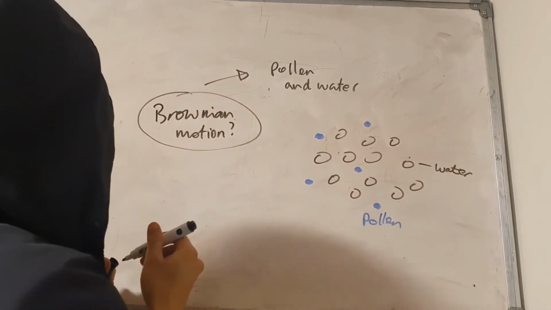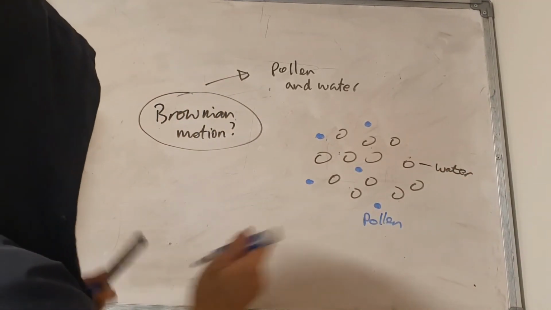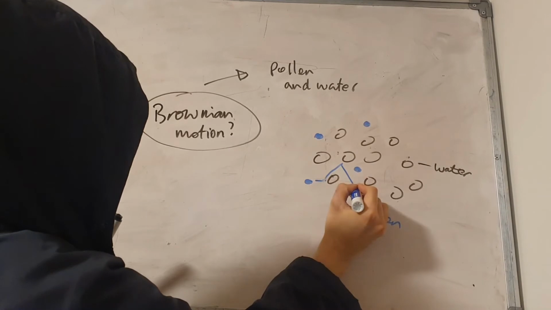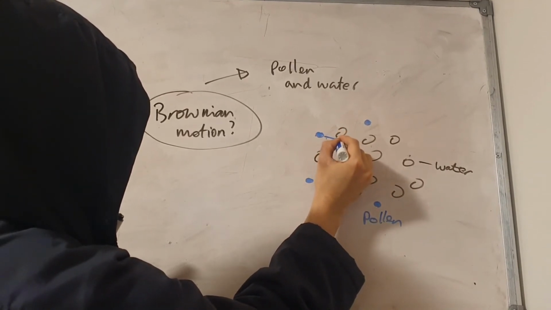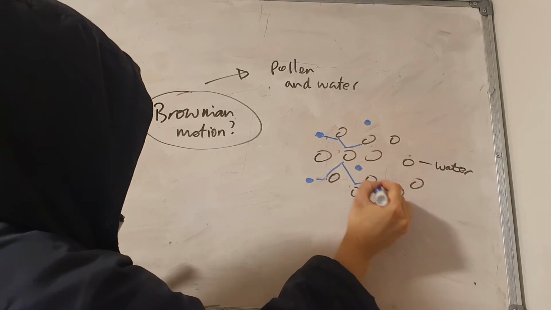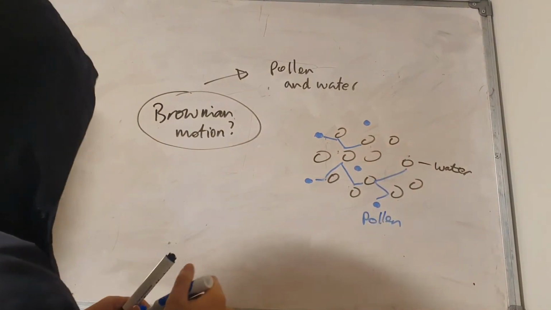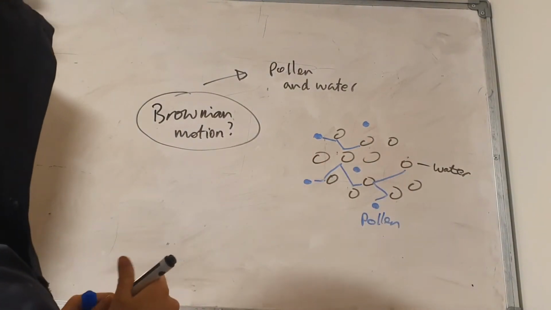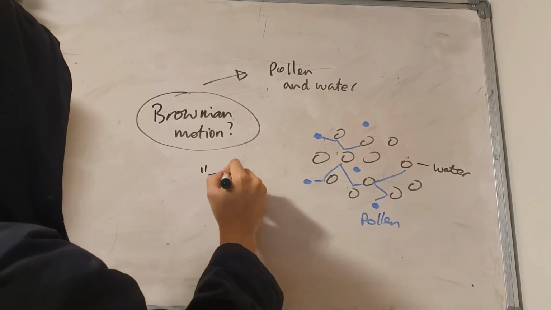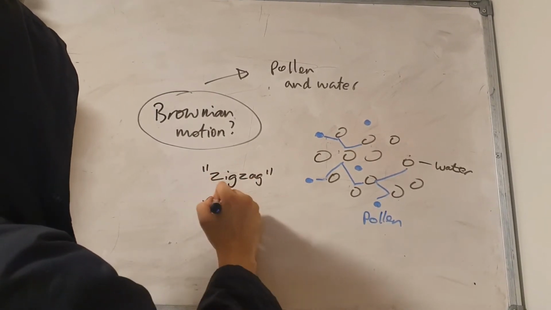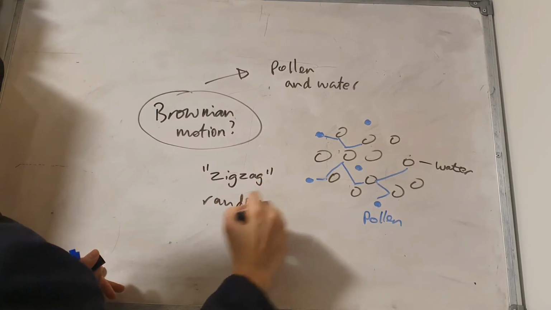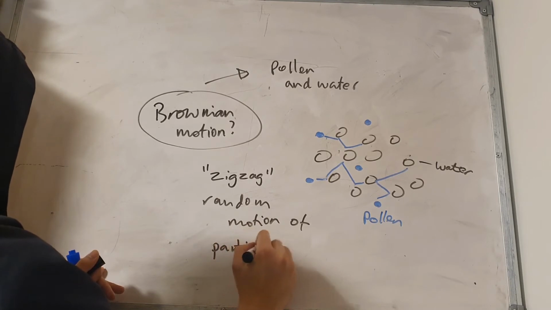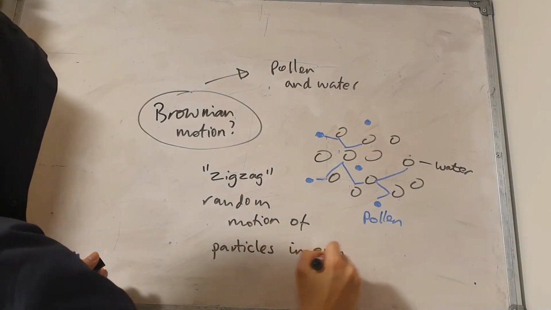Now the pollen will collide with the water. It might go there, hit that, hit there. So Brownian motion is the motion of the pollen going through water, and it is a zigzag random motion of particles in any fluid.